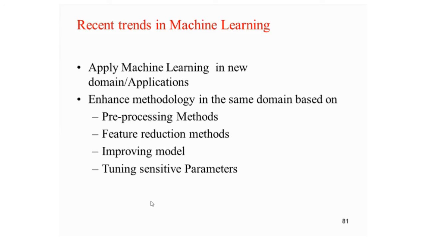You can also enhance your existing method or model by improving the pre-processing methods, improving the feature reduction methods, or tuning your parameters. And most importantly, you can also improve your model based on the requirement and based on your available data.